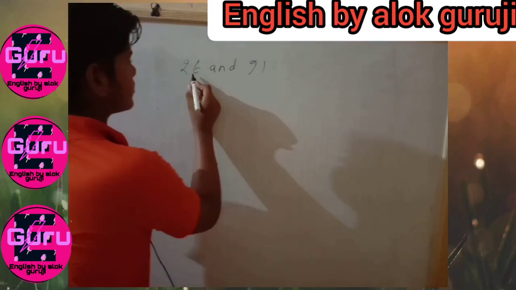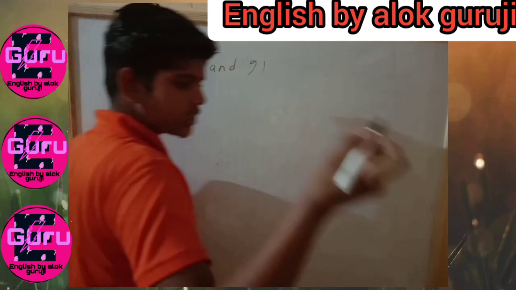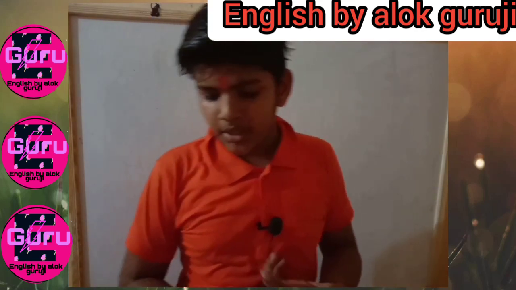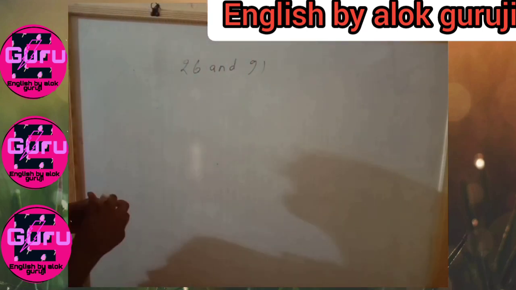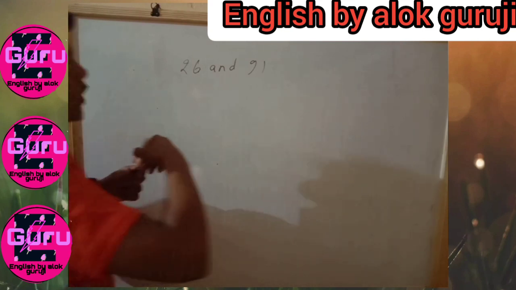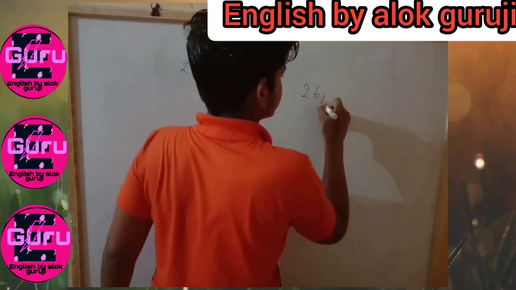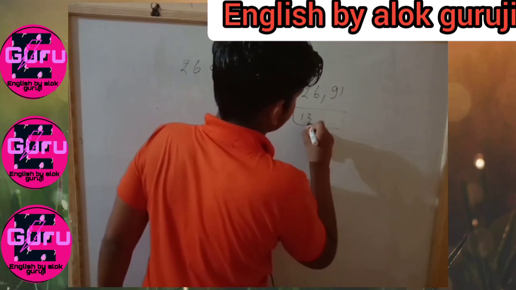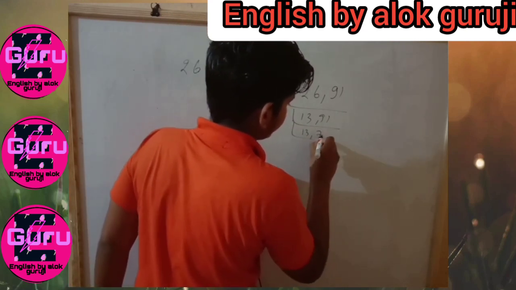Now let's see. I think you may know or not. Now, if you have to calculate LCM, 26, 91, 2, 13, 91, 7 times 13, 7.